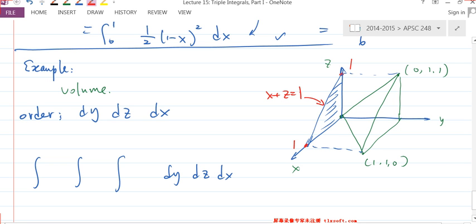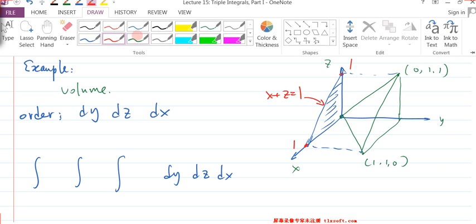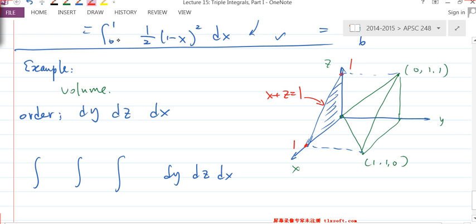Okay, so now let's say we're ready to find the limits. And what do we do? Because we're doing y limits, we're going to pick a point inside this shadow, then go in the positive y-axis direction. I'll go across this region D, across this tetrahedron here.